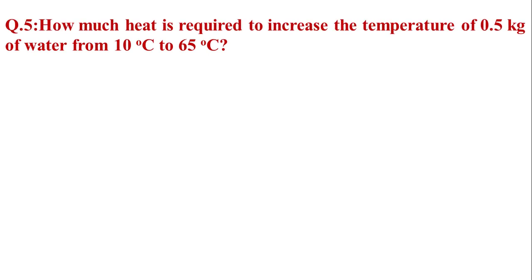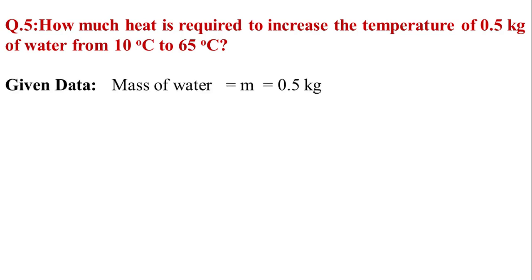In the fifth numerical, the given statement is: how much heat is required to increase the temperature of 0.5 kg of water from 10 Celsius to 65 Celsius. First of all, write the given data.